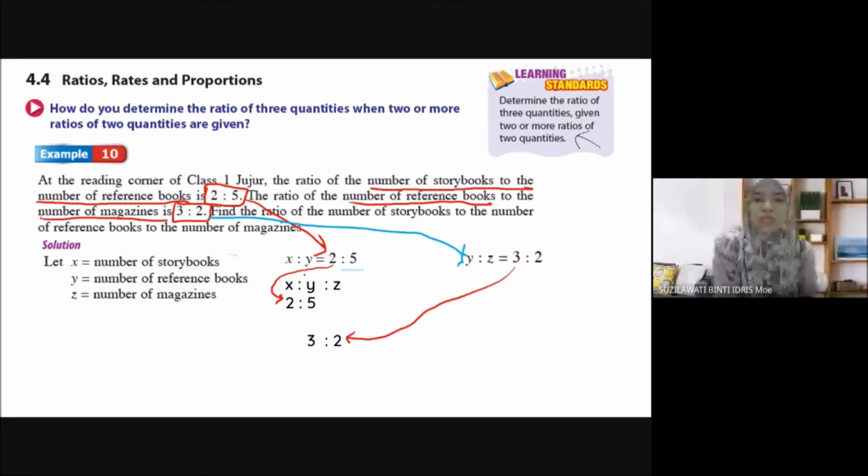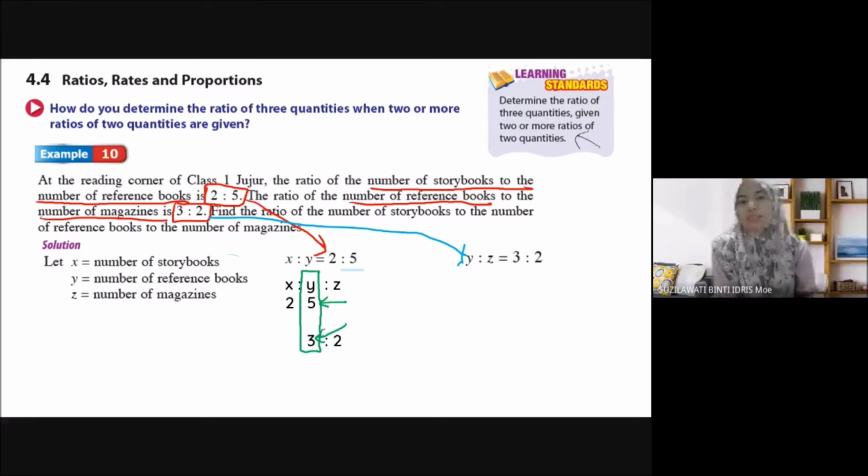Now let's look at the middle value, Y. In X to Y to Z, one Y value is 5 and this one is 3. So the values are not the same.